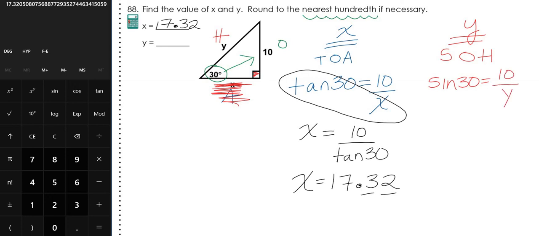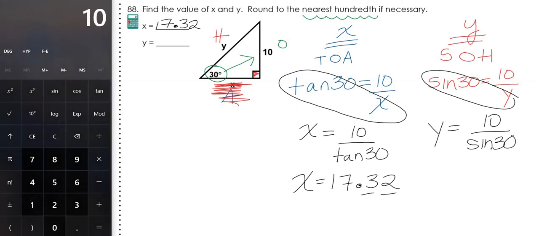And again, notice that your variable is at the bottom. So you're going to switch it with the sine of 30. They're going to switch places. So you're going to have y equals 10 divided by sine of 30. So go to your calculator. You're going to do 10 divided by 30 sine.